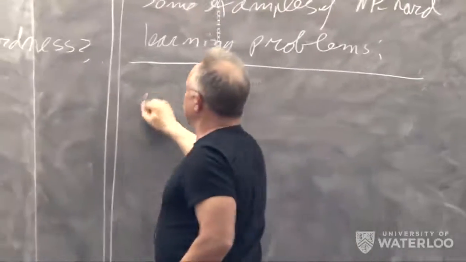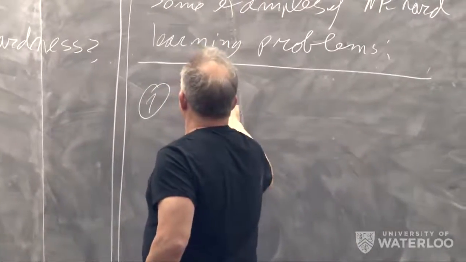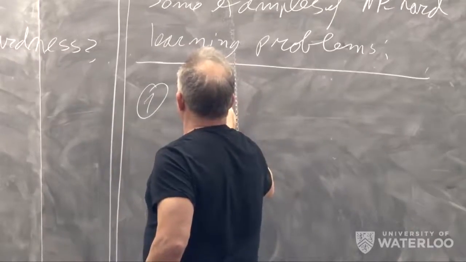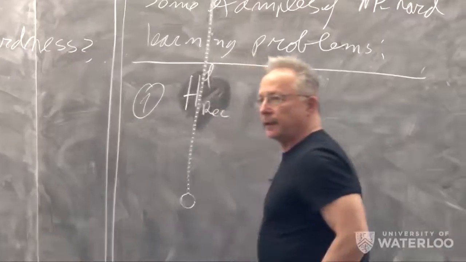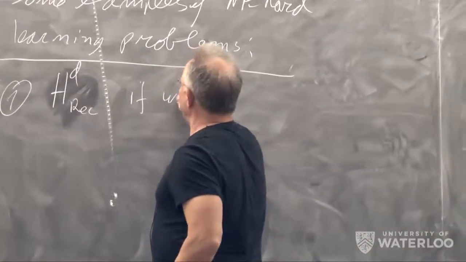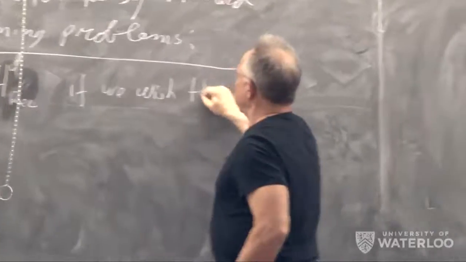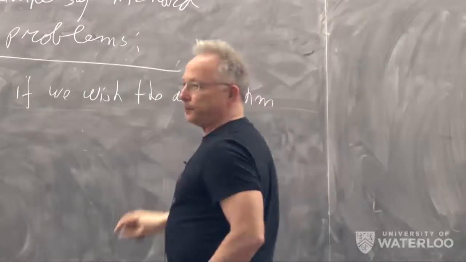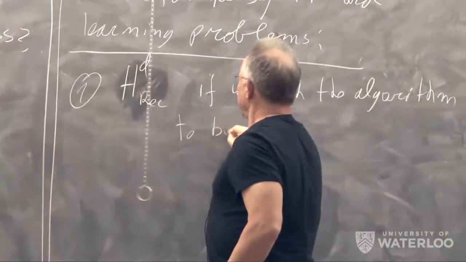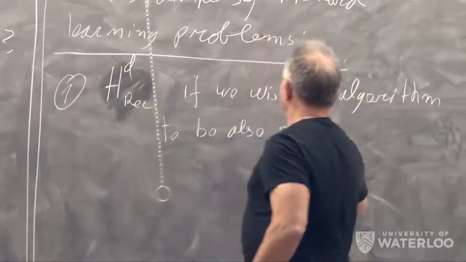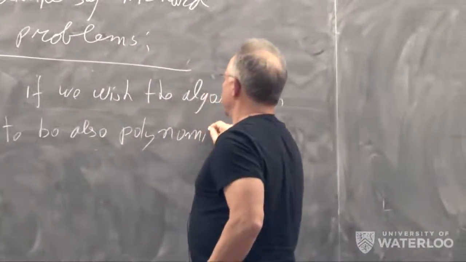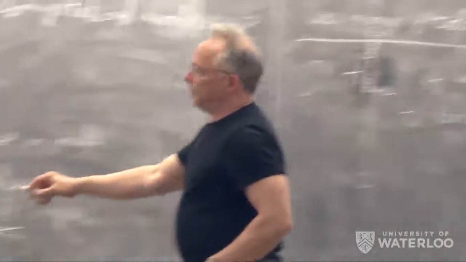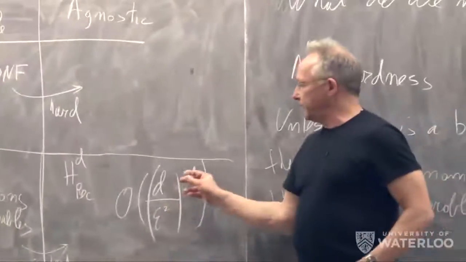The first one is the axis-aligned rectangles, so we call it HD rectangles, if we wish the algorithm to be also polynomial in D. Because we know that we have here an algorithm, but this algorithm runs in time which is exponential in D.